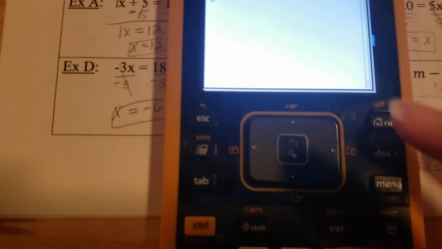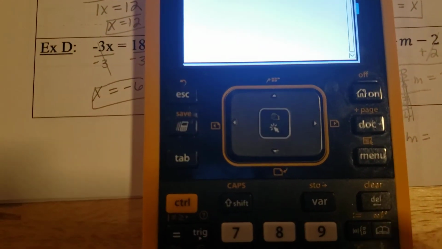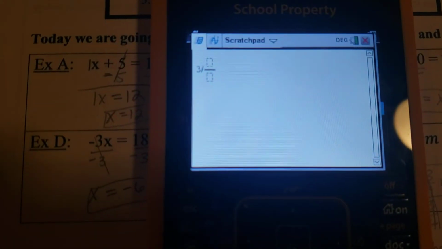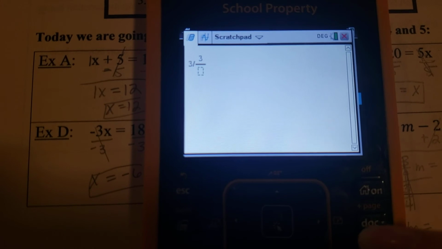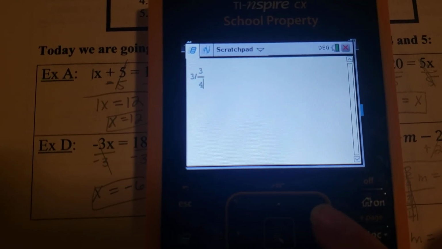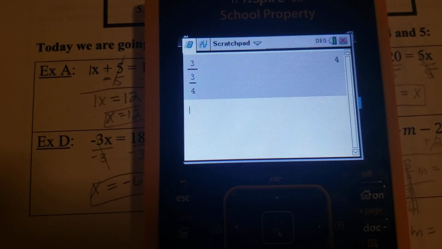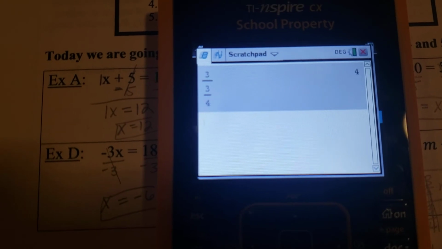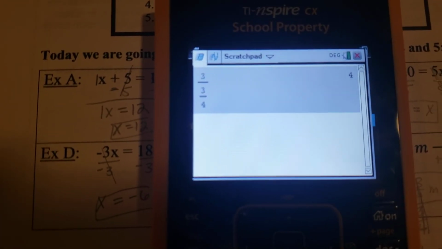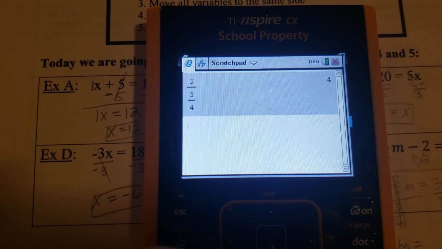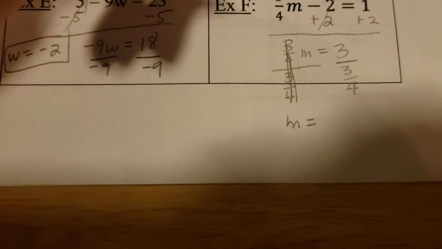So remember, do control divide, and that's going to get your fraction. And then just put your fraction in. 3, and then press the down arrow. 4, and then press your right arrow so you get out of the bottom of the fraction. And then press enter. And so now you can see we have 3 divided, and on the bottom we have 3/4, and that gave us 4. So we now know that m is equal to 4.